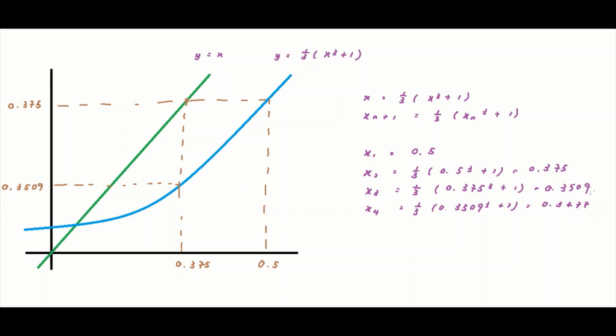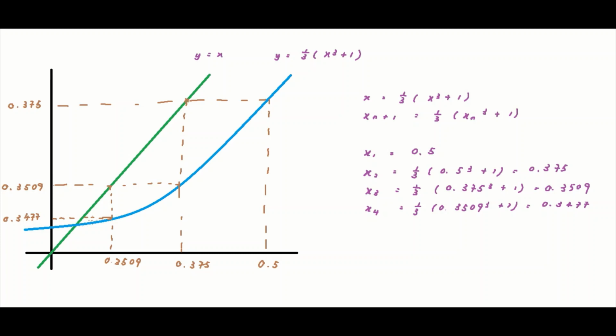Now my old y is put into the new x for this equation as well. That is why this is my new x again, which gives me exactly 0.3509 as my new x. Then I substitute my new number into the equation again to get my next value. When I substitute 0.3509, I get the next number, which is 0.3477.